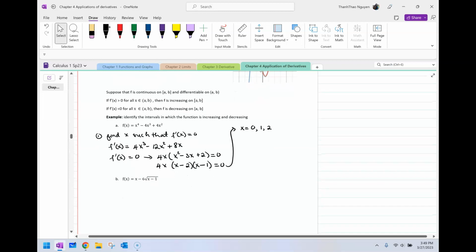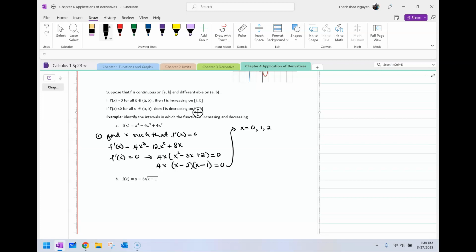So then we have 4 intervals to consider. We have the interval from negative infinity to 0, from 0 to 1, from 1 to 2, and from 2 to infinity.